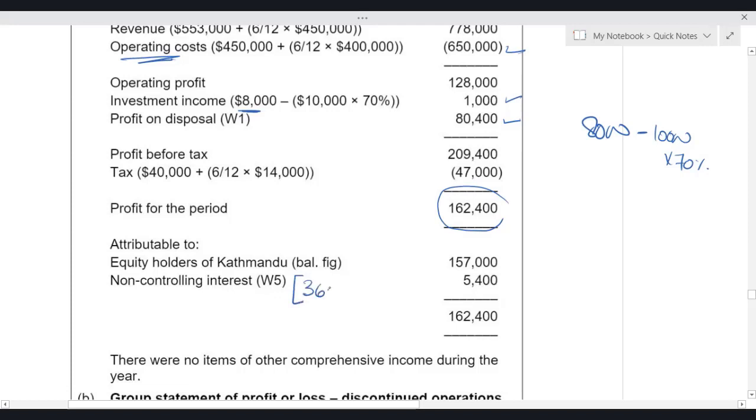Entire year profit is 36,000. Since we have kept the subsidiary for 6 months, so 6 by 12. So 36,000 into 6 by 12 you will get 18,000, into 30%. You can use the calculator to directly calculate this: 5,400. And this is the balancing figure.